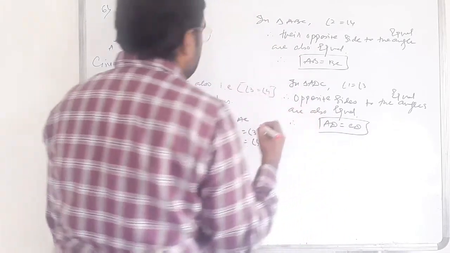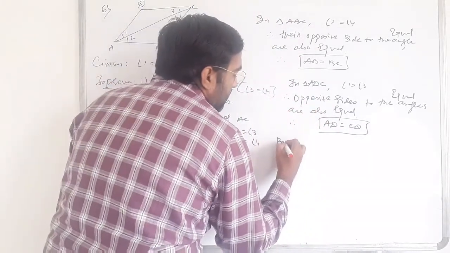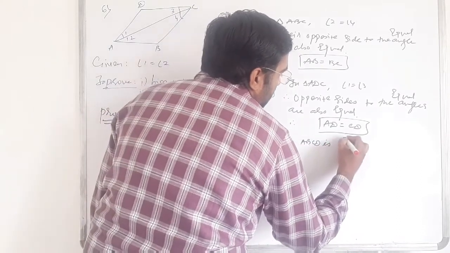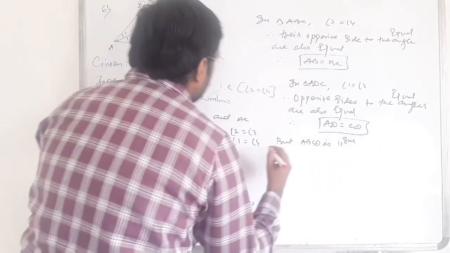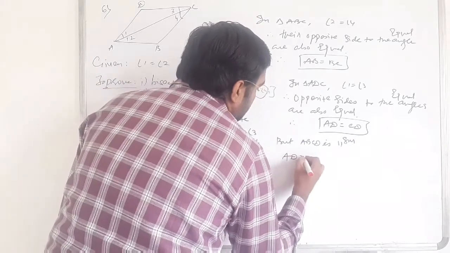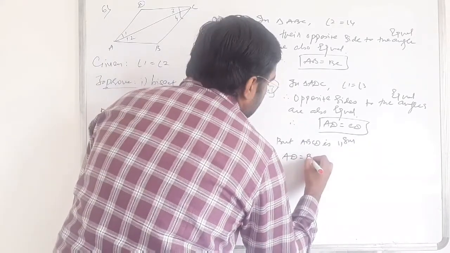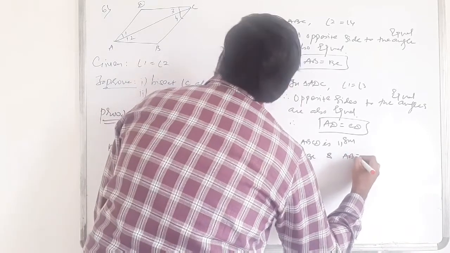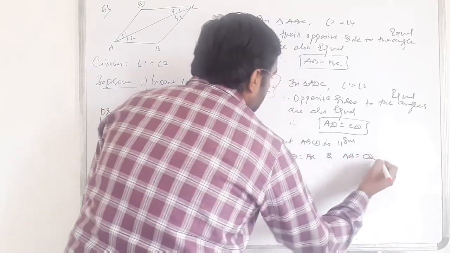But ABCD is a parallelogram. Therefore AD is equal to BC and AB is equal to CD.